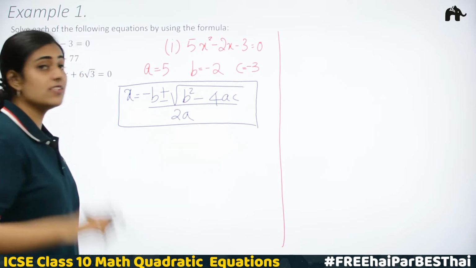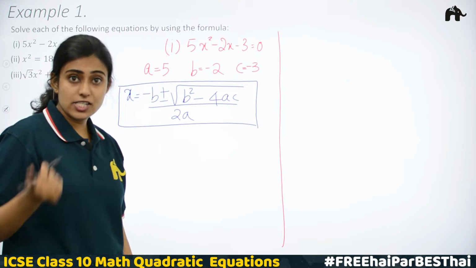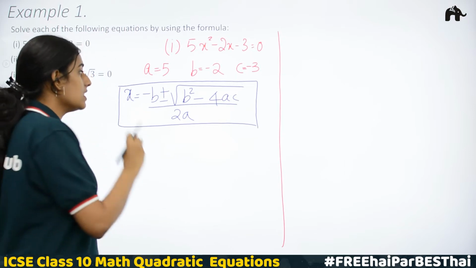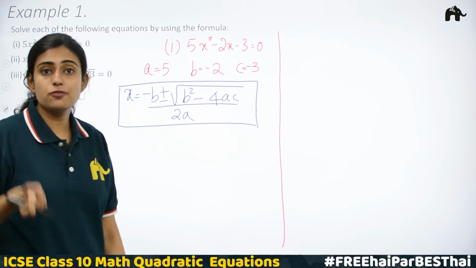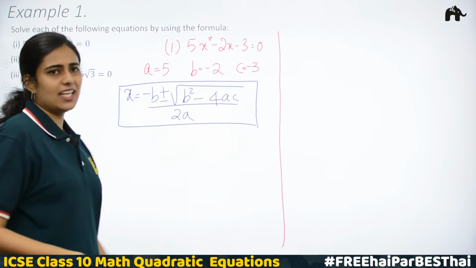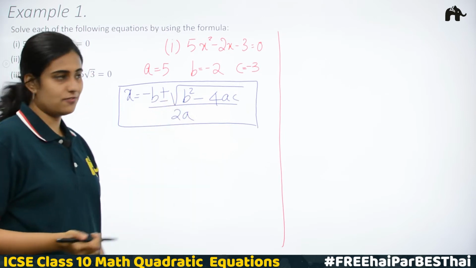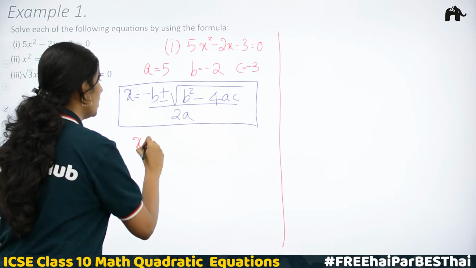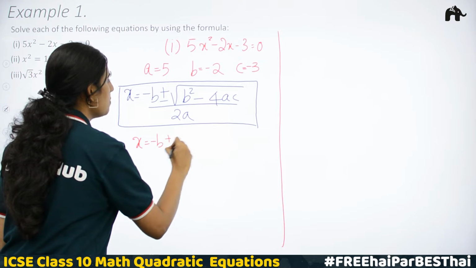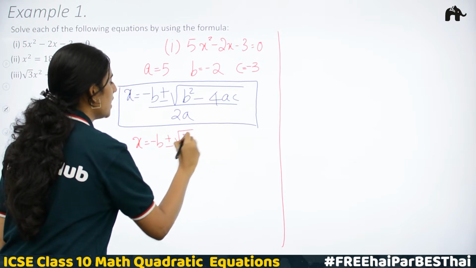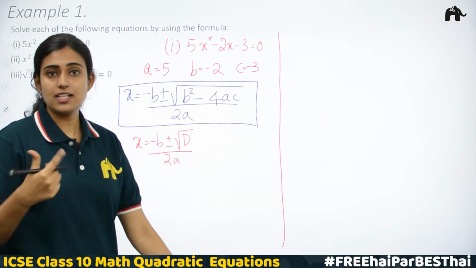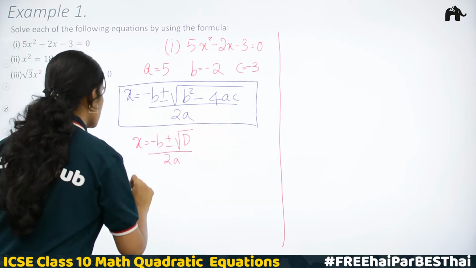Before that, when we studied about the nature of roots, we studied about the discriminants, how discriminants help to find the nature of roots. Let's try to find the discriminant first. This equation can be simplified and written as x is equal to minus b plus or minus root of discriminant divided by 2a, because b square minus 4ac is our discriminant.